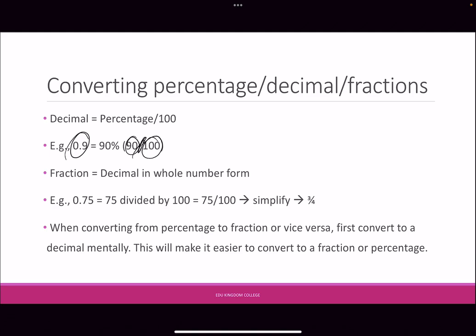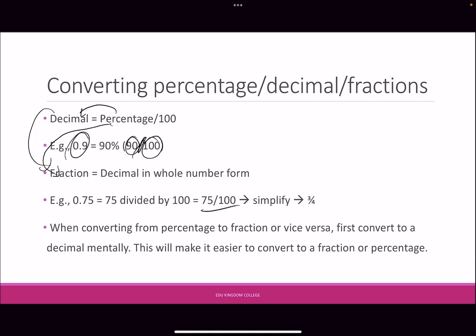So for example, 0.75 equals 75 over 100, or 75 divided by 100, like so. That is our fraction form. So simplified, that is 3 over 4 or 3/4. When we're converting from a percentage to a fraction, it's easier to convert to a decimal first and then convert to a fraction.